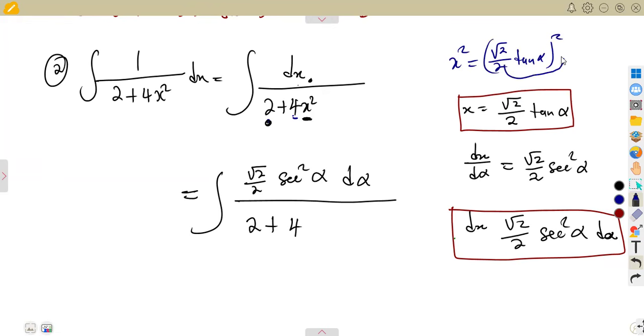The square root of 2 to the power of 2, what are we going to have? This was simply going to give us 2 over 4, which is simply 1 over 2. So the calculator, guys, is there. If you simplify this directly on your calculator, you're going to obtain 1 over 2.